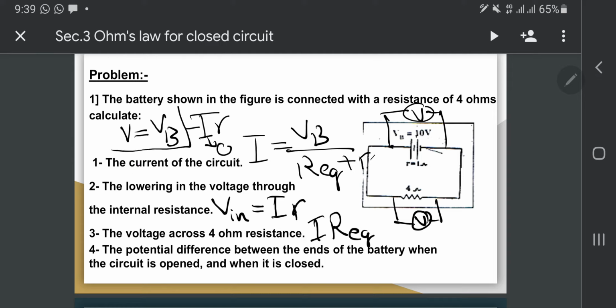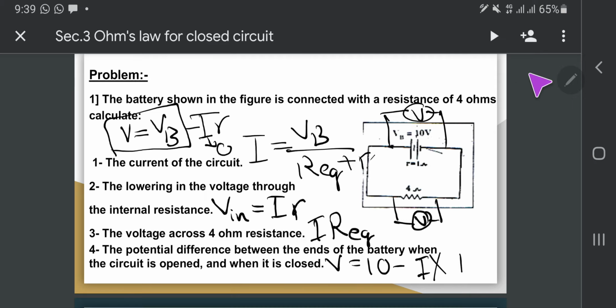So V equals VB, so V equals 10 volt. And when it is closed, V equals VB minus IR, so V equals 10 minus the current from the first request times the internal resistance 1.